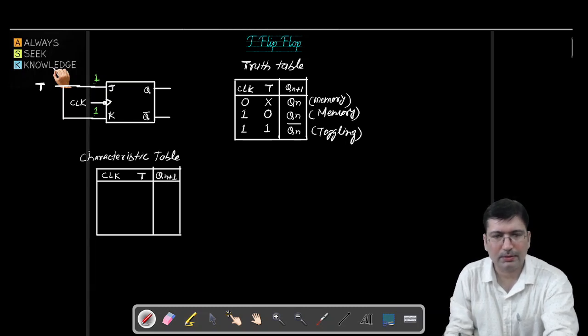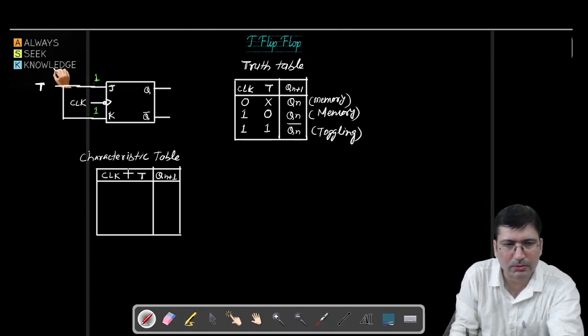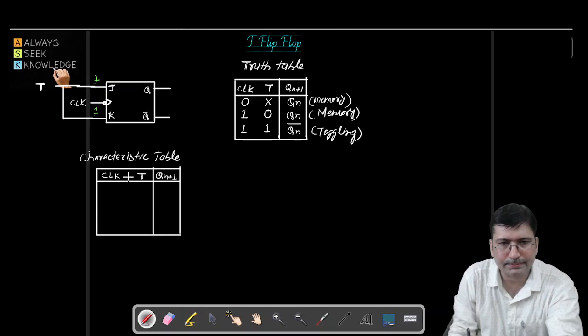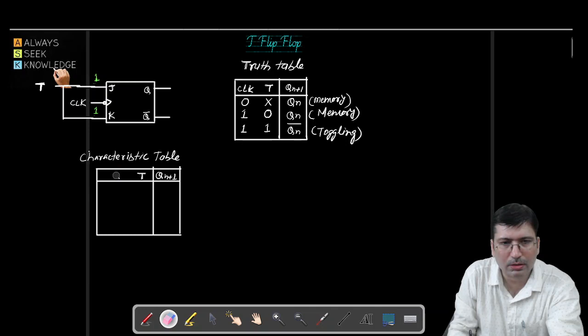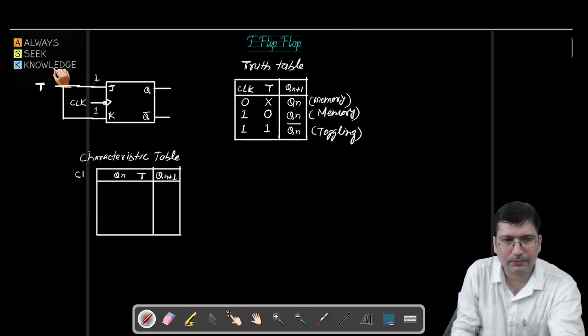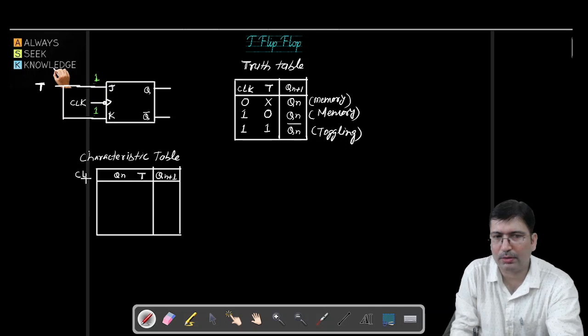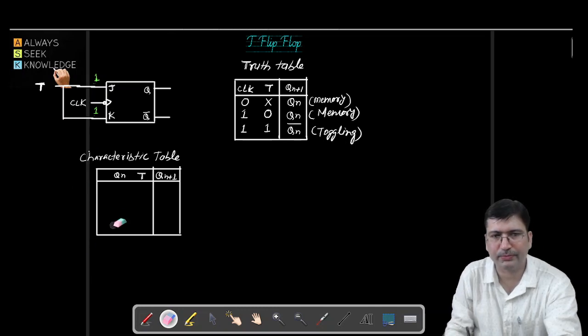But in that case, we should have previous state also. So that is Qn. So let me wipe it, clock, and here Qn. So let's say this is Qn, T. You can consider clock also. When clock will be high, then only the toggle situation will come. So you can avoid considering clock also. So let's say you are having Qn and T, and based on Qn and T, you are predicting the Qn plus 1. That is characteristic table.